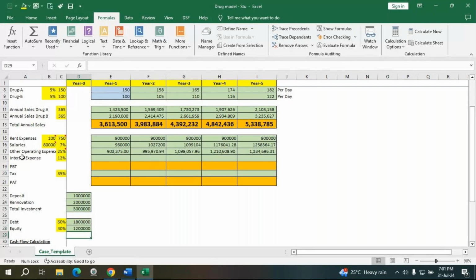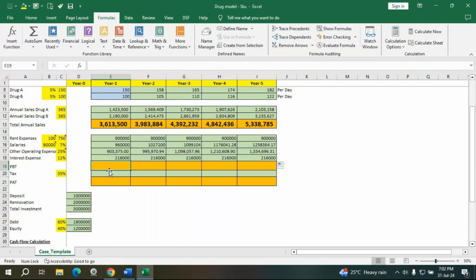Interest expenses are on the loan I am taking. Debt is 1 crore 80 lakh rupees that I am taking as loan, so equals this value into 12%. This interest expense is going to remain the same, there is no change happening year on year. So I'll take equals previous year value and drag it.